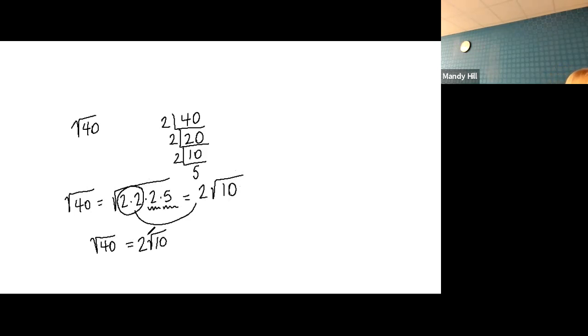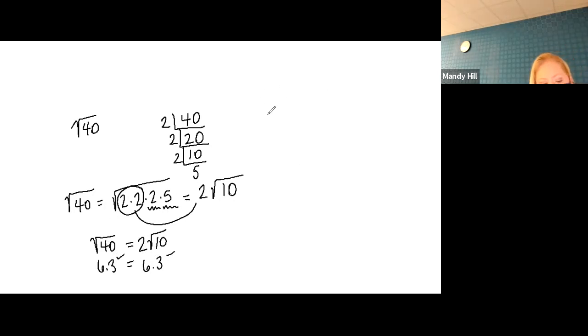If I check this on the calculator, the square root of 40 is, I'm just rounding to 1 decimal place, approximately 6.3. And 2 times the square root of 10 is approximately 6.3. So I know that I'm on the right track. I've at least kept them equal. Even if I didn't simplify it perfectly, I can check that there.